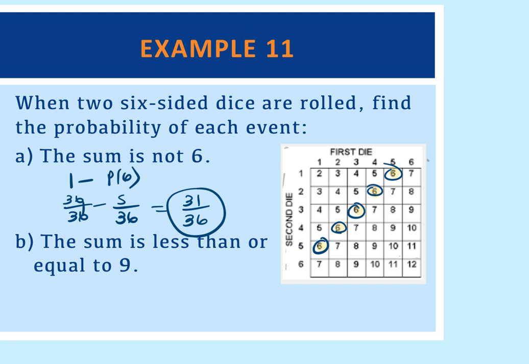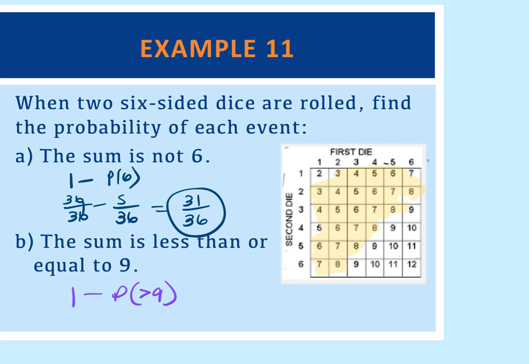B says the sum is less than or equal to 9. So I can either figure out all the times it is less than or equal to 9, which are all these guys, and count them all. Or I could do 1 minus the probability that they are greater than 9. Oh, it said less than or equal to. So even the 9s would have counted the first time.